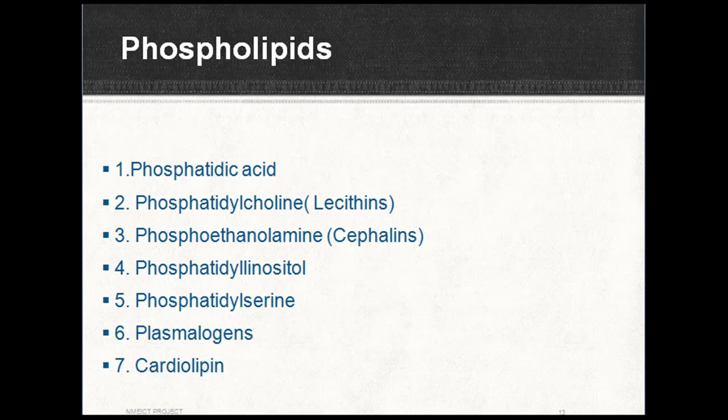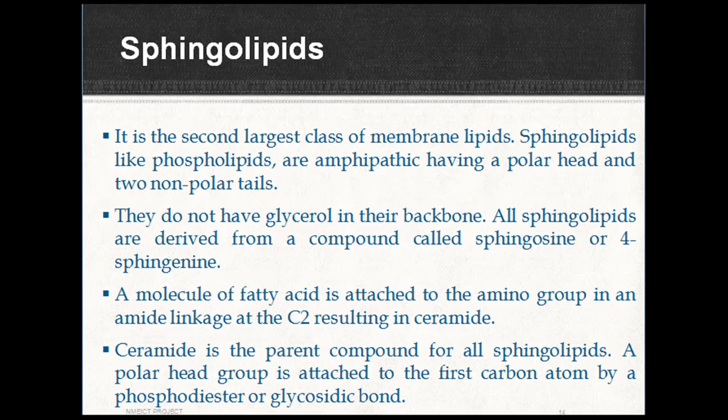Another type is sphingolipids. Sphingolipids are the second largest class of membrane lipids. Sphingolipids, like phospholipids, are amphipathic, having a polar head and two non-polar tails. They do not have glycerol in their backbone. All sphingolipids are derived from a compound called sphingosine.